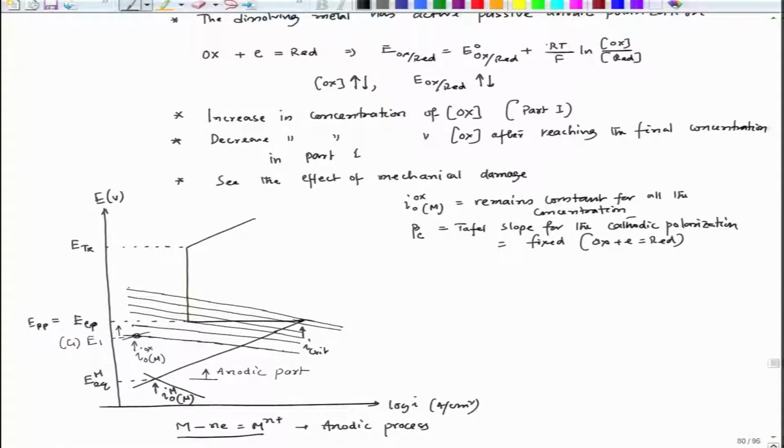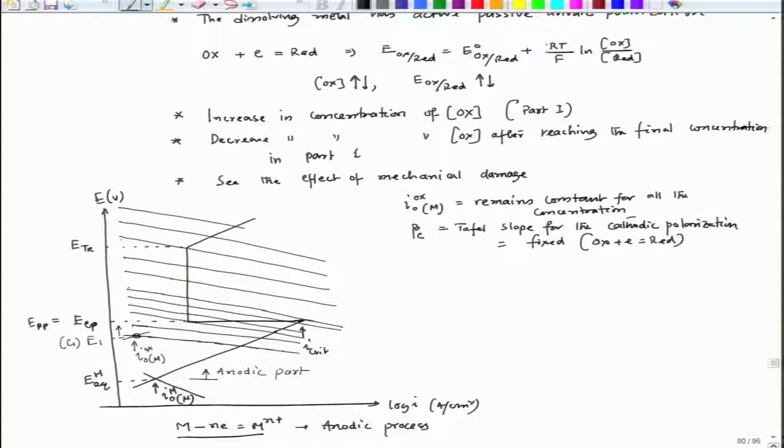This is the way it is moving. This is the seventh, this is eighth, this is 9, this is 10, and this is 11. So, we have taken 11 compositions.